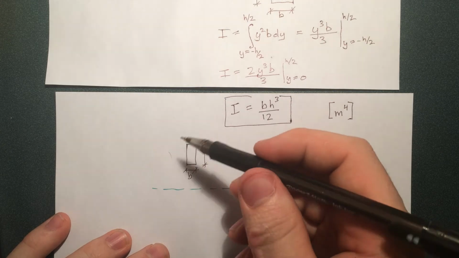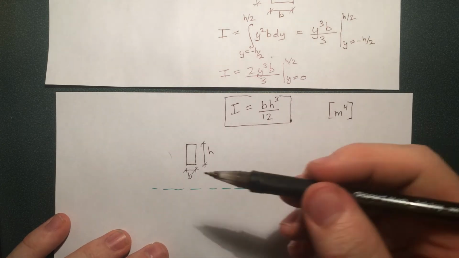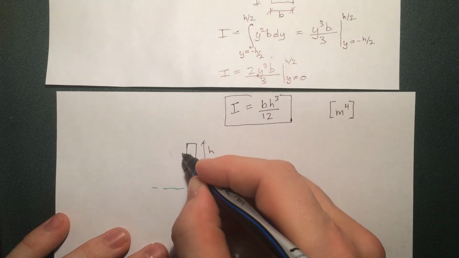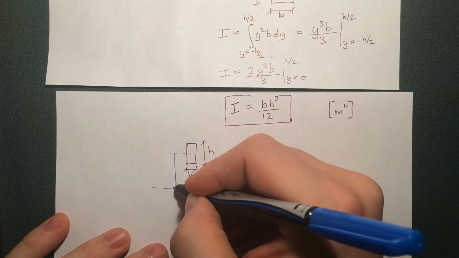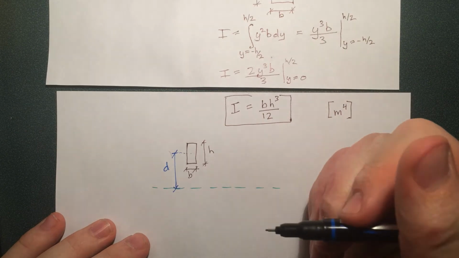We wanted to know the moment of inertia around this piece here. Basically, how much would it spin around here? Assuming that the distance here to the centroid is called d. So what's the moment of inertia here?